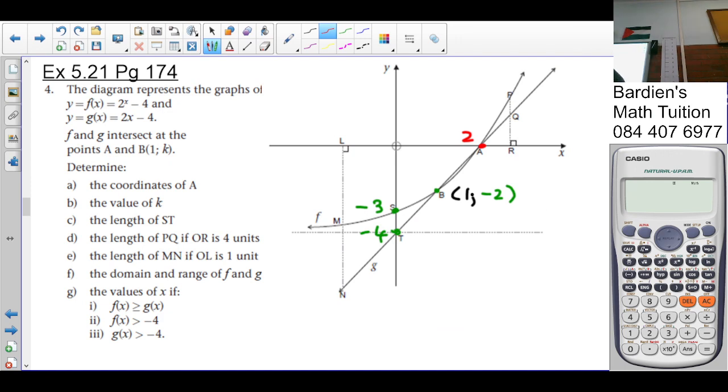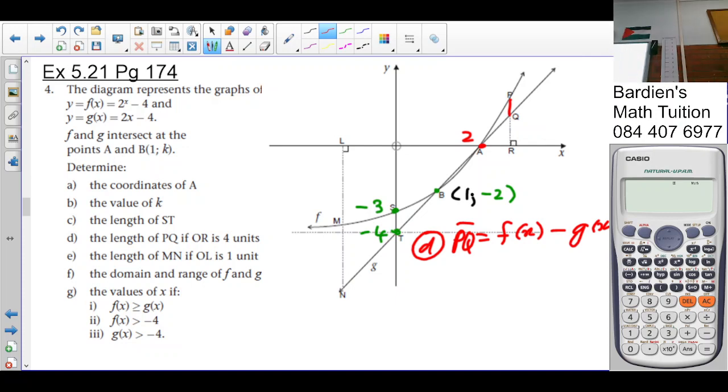Then I want to know the length of PQ. Can you see here? This is PQ. How do you calculate the distance between two graphs? It will be the top graph, which is f of x, minus g of x.